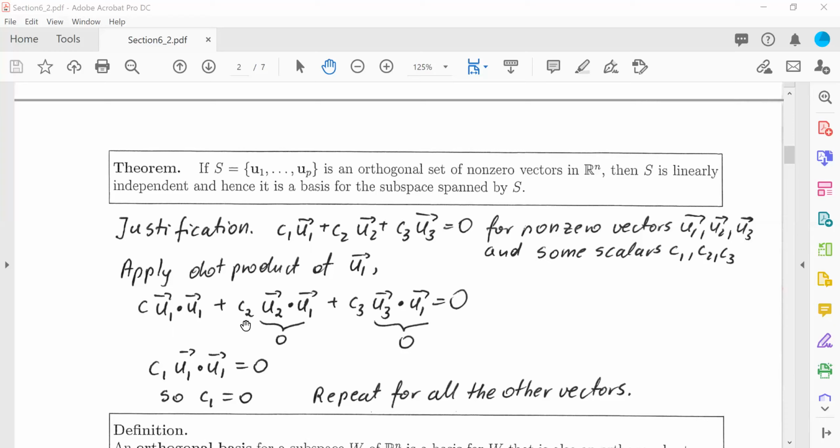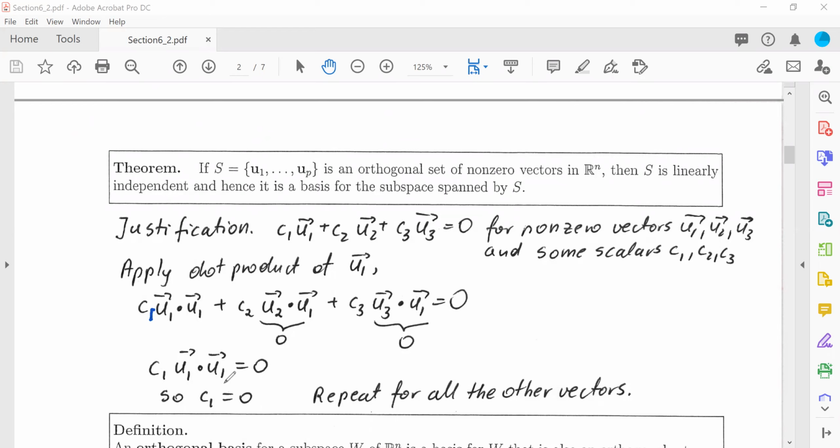Since this is 0 and this is 0, I am left with C1 u1 dot u1. I was missing C1 right here.